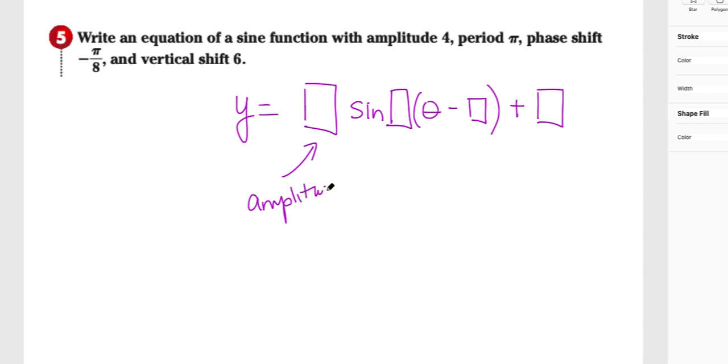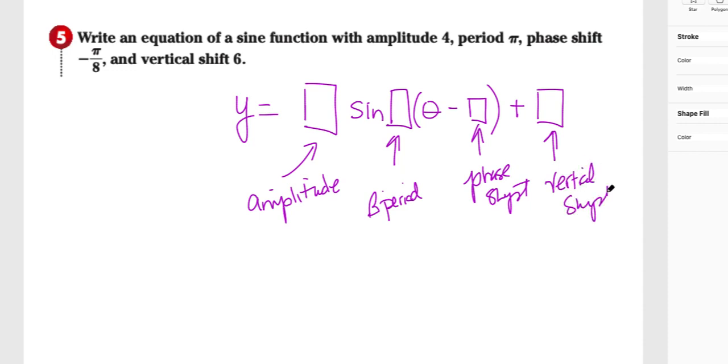It will be the amplitude, some form of it, a negative or positive form of the amplitude. This number is going to be b, and it's going to be related to the period. All right, so we can use the period to find that. This number is going to be the phase shift, and this number would be the midline or the vertical shift.